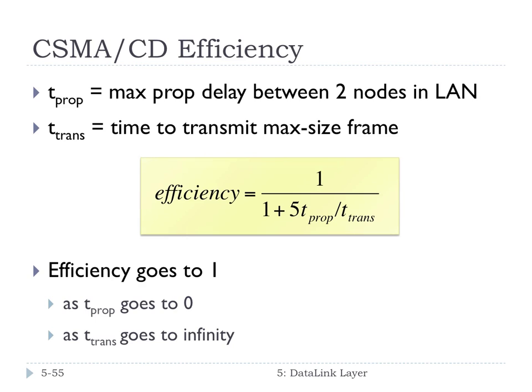It's sort of quite a bit more complex. And this is how it turns out. The efficiency of Ethernet, CSMA CD, is 1 over 1 plus 5 times the maximum propagation delay divided by the time that it takes to transmit the maximum size frame.